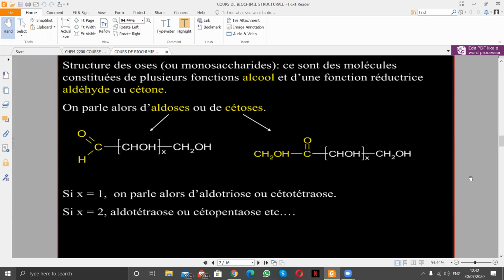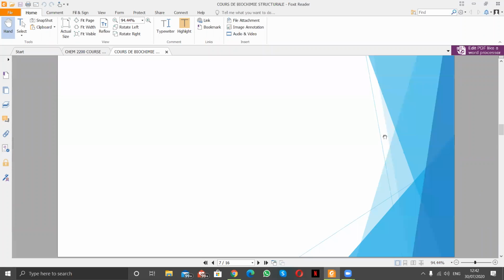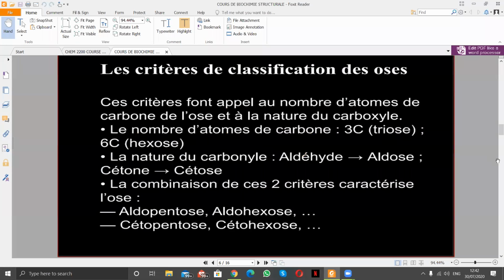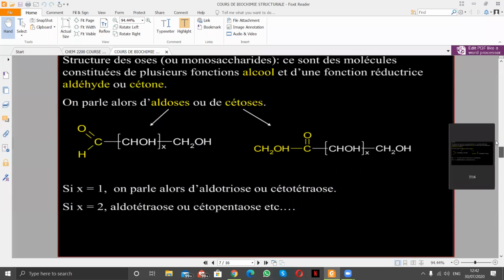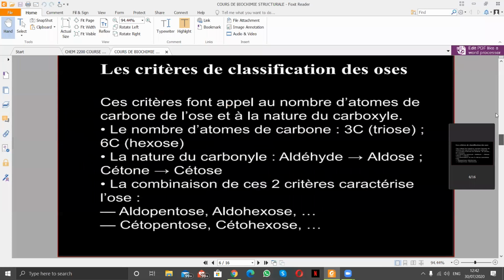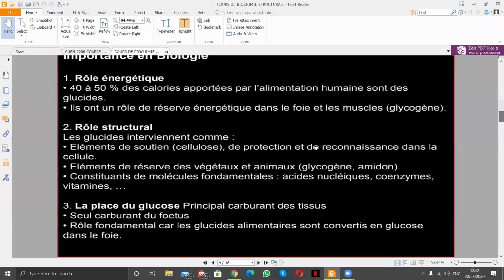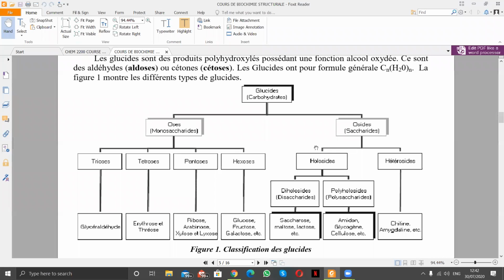Since there are no questions, the number of monomer units in the oligosaccharide usually ranges from 2 to 20.